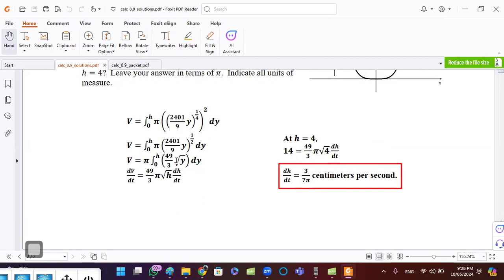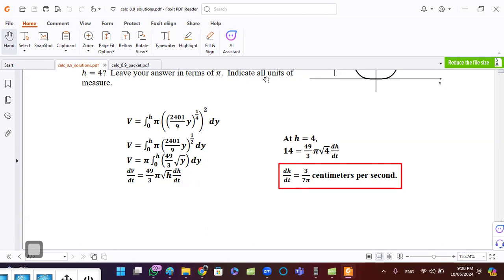Pi from 0 to height, 49, square root y power half, dy. So he will say that dV over dt equal 49 pi square root h dh over dt. What is h and what is he writing here?